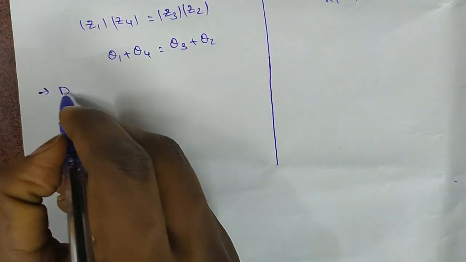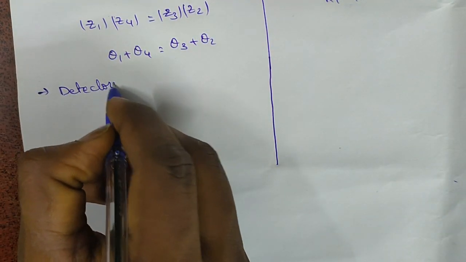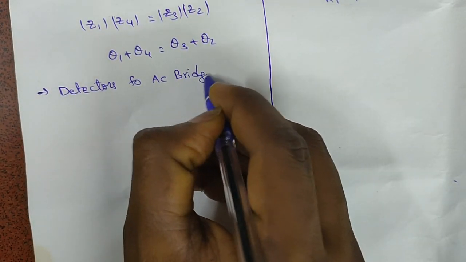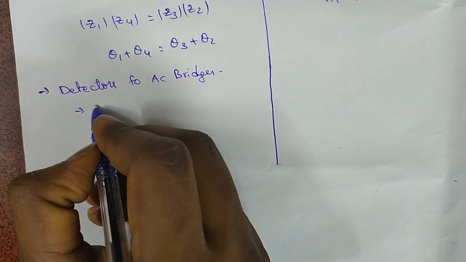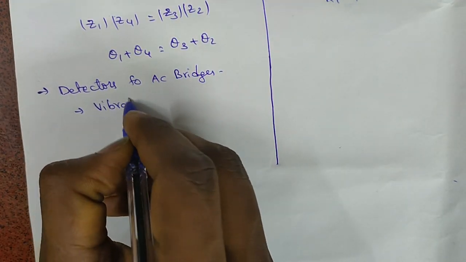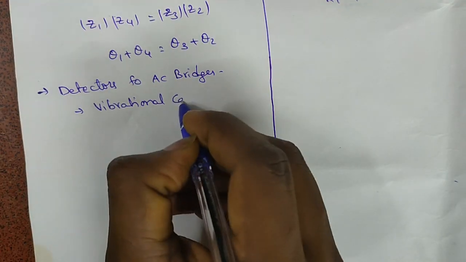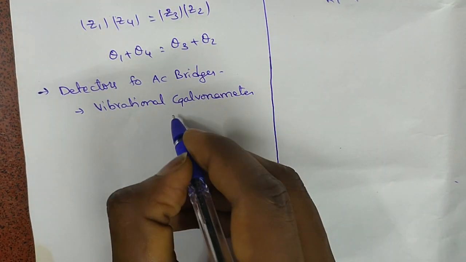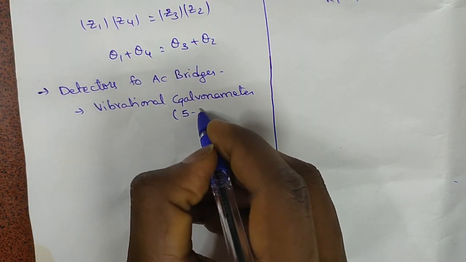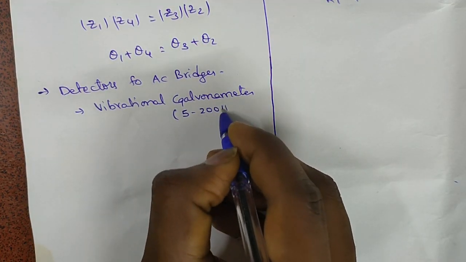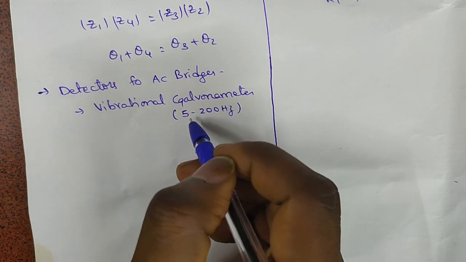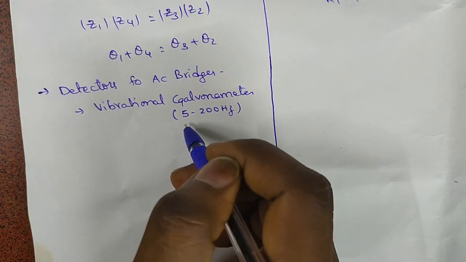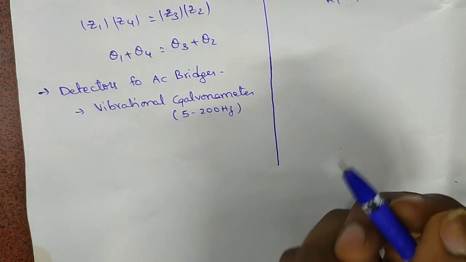And we have detectors for AC bridges. A vibration galvanometer is used between 5 Hz to 200 Hz. If it is below 5 Hz or nearer to 1 Hz, then DC bridges are preferable.